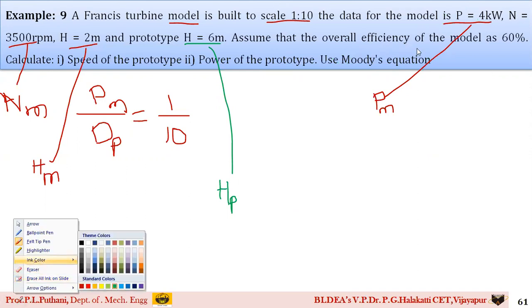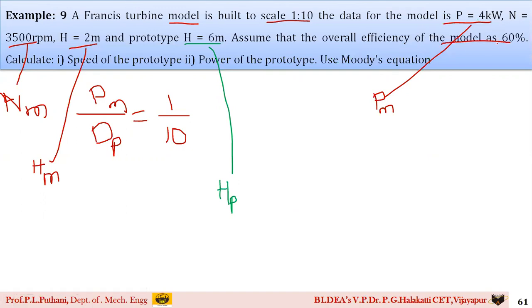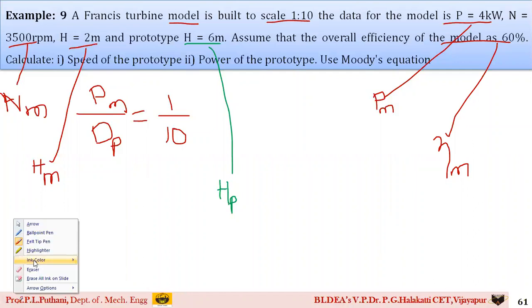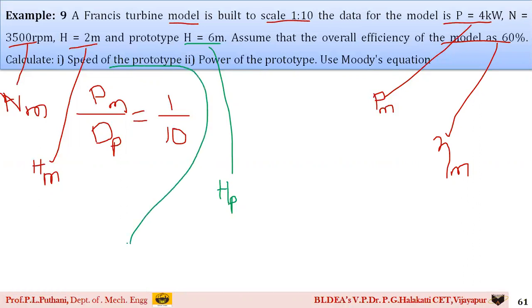So he's saying with respect to the model itself, the overall efficiency of the model is 60%, which means eta m is 60%. What he has asked us to calculate is the speed of the prototype, that is Np, and even the power of the prototype, that is power P. These are the things which are asked in the problem.